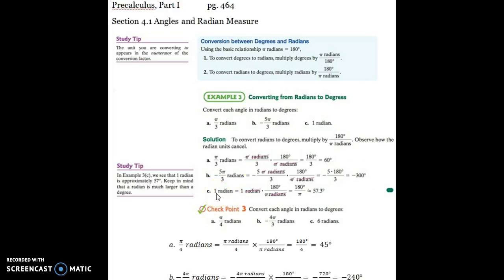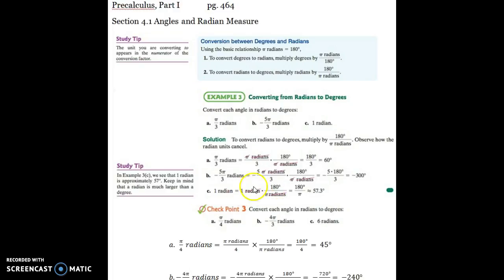1 radian. Okay, now here's a catch. You have to be careful that you do not assume that 1 radian is pi. Pi radians is pi. 1 radian is not pi. So the radians are going to cross out here, but not the pi, because there's not a pi here and you can't just plug one in, because 1 is not the same value as pi.